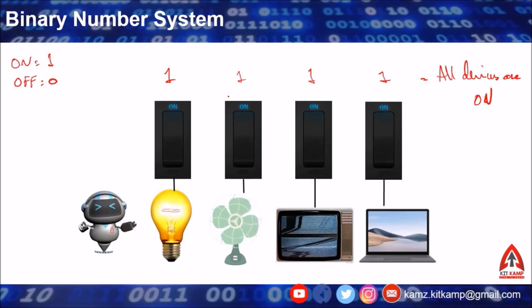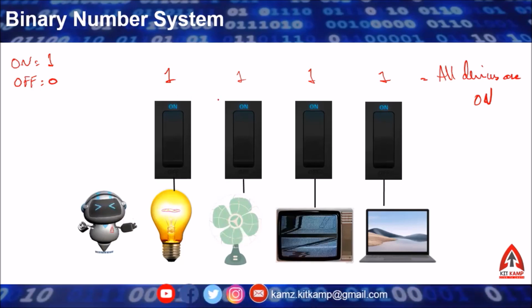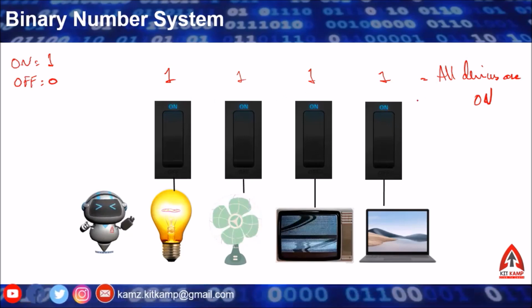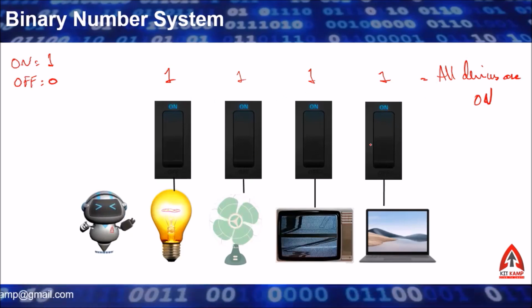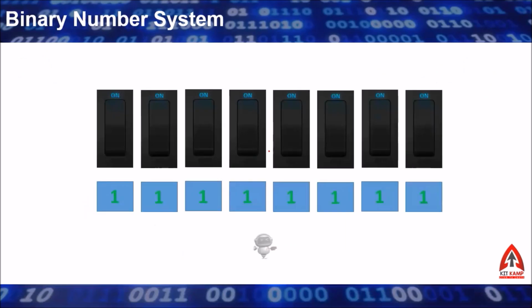So it can be 1000, 1111, 1010, depending on what instruction and what device the data needs to be sent to, or what device should be turned on. Now, this is just an example of 4 switches.